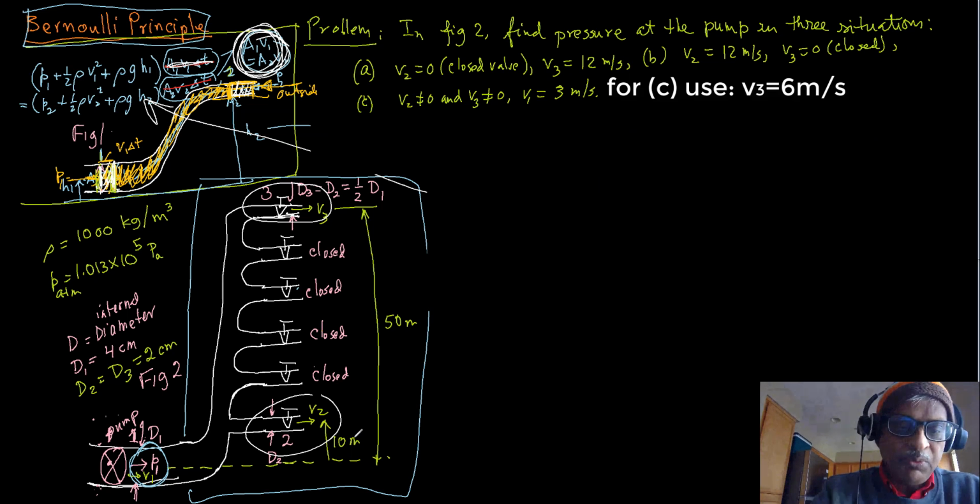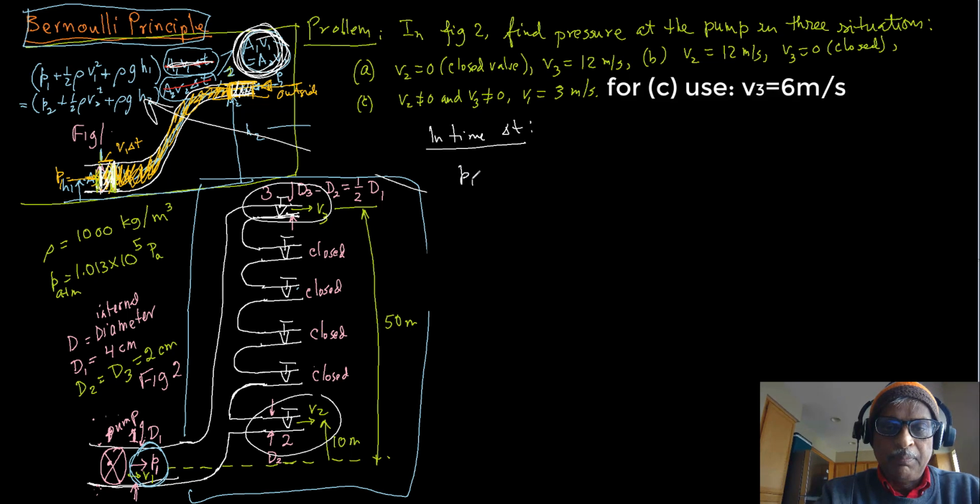Okay, so when we look at this situation over here, let's look at what happens in time delta t. Over here we're going to have P1, same as before. This is the force, V1 delta t.